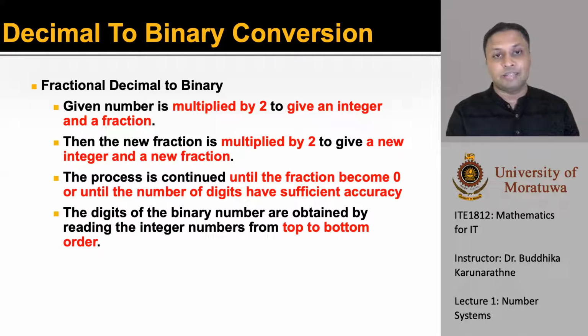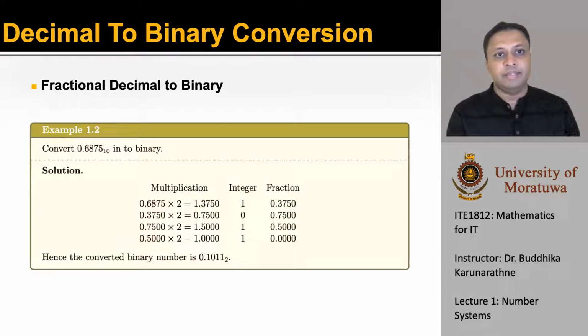Once again, we go for an example so that we can better understand this. This is converting fractional decimal to binary. We take the example, convert 0.6875 in decimal to binary. How do we do that? We keep multiplying by 2. Why number 2? Because we are converting it to binary, base 2 representation. Multiply this by 2, we get 1.3750. The integer part we write down is 1, and the fraction part is 0.3750, and so on.